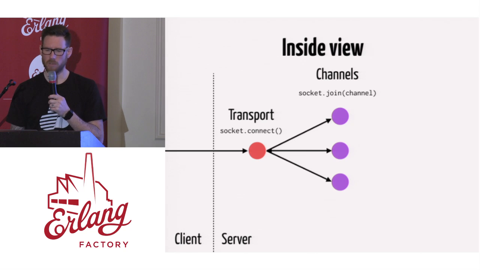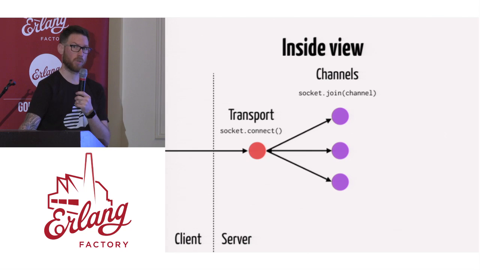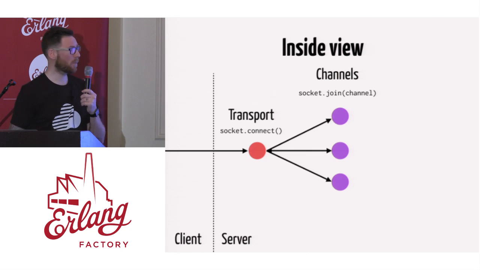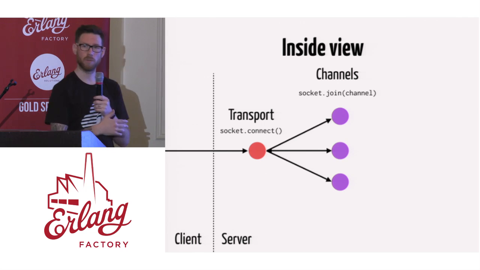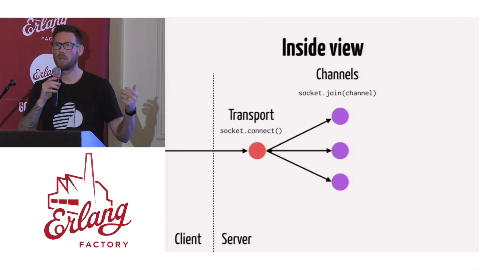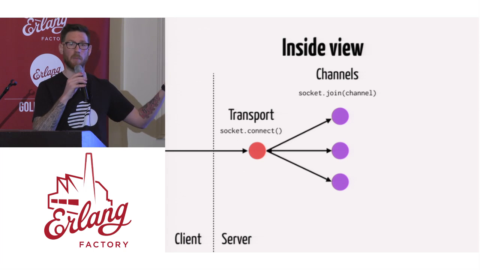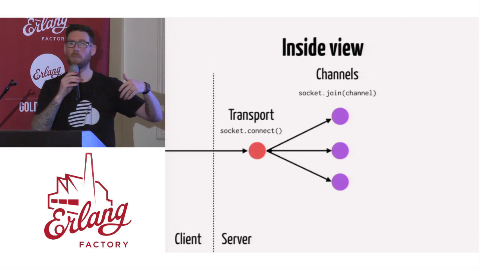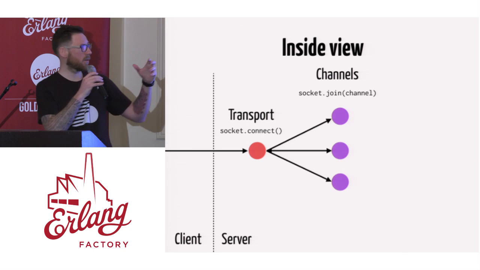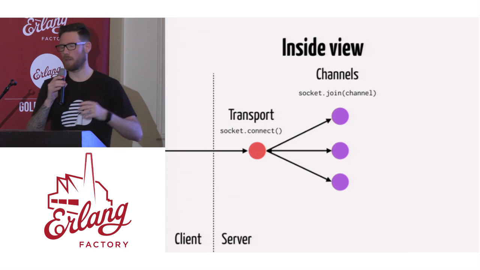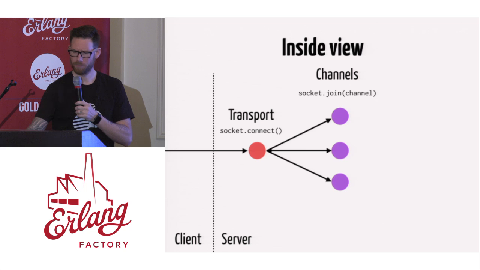So you end up with a process per channel. If you have a bug in your code, it doesn't affect the other channels. So if you have the room channel and there's a bug in that particular channel, but you also have a user's channel, then if one crashes, it doesn't affect the others.